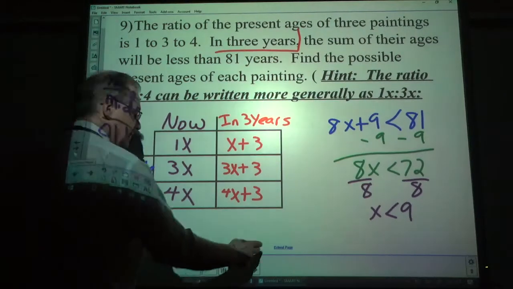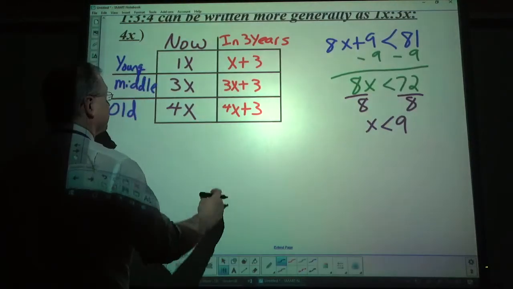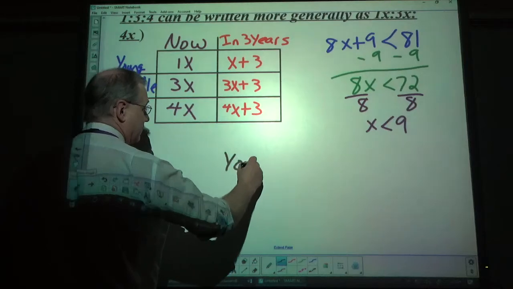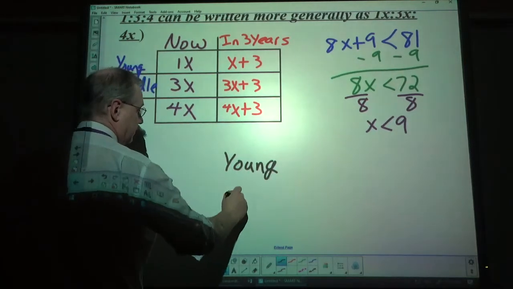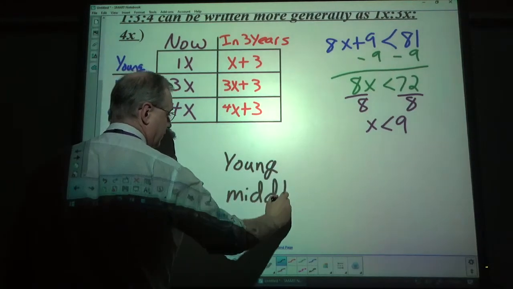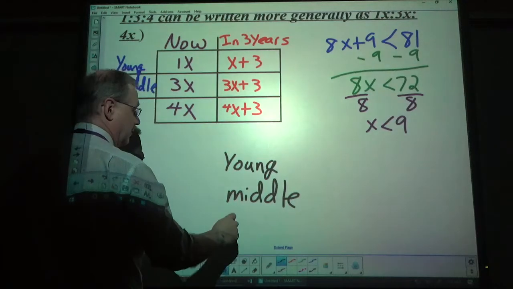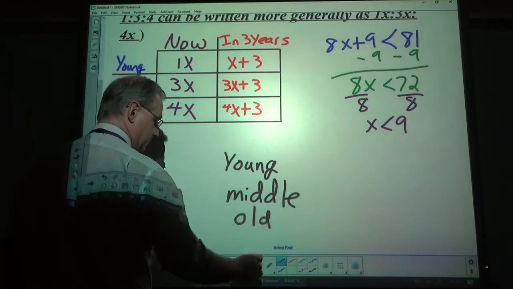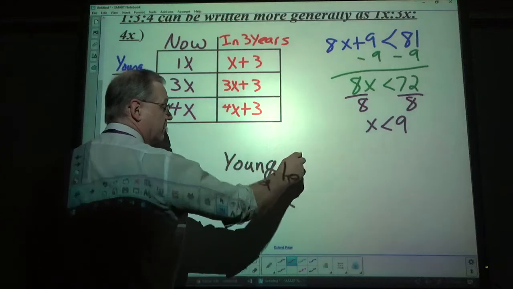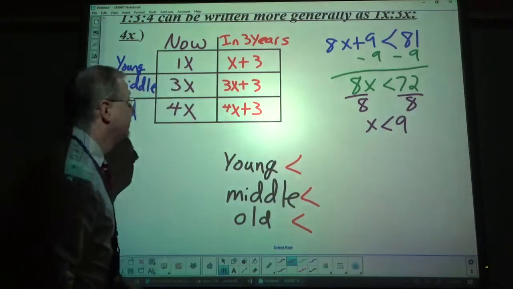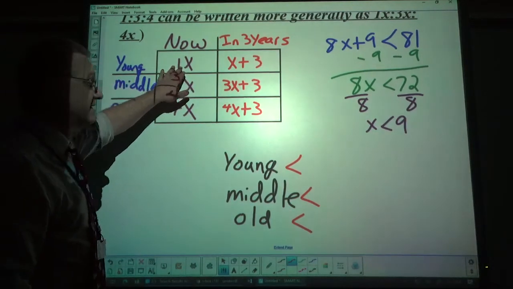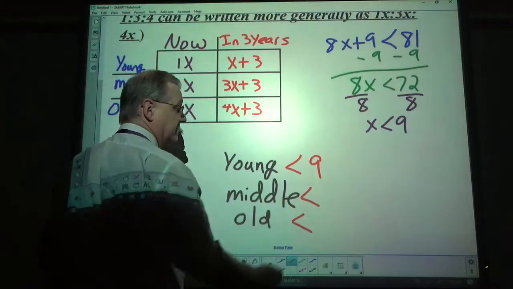Now, let us take this youngest, middle, old. If x is less than 9, then the youngest is less than 9.